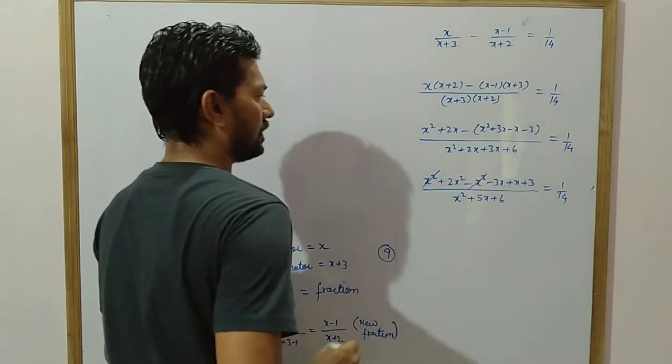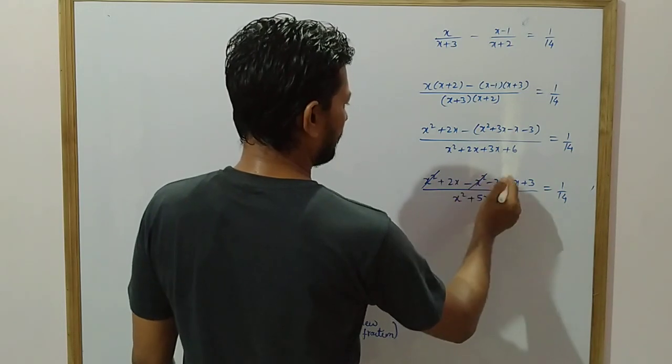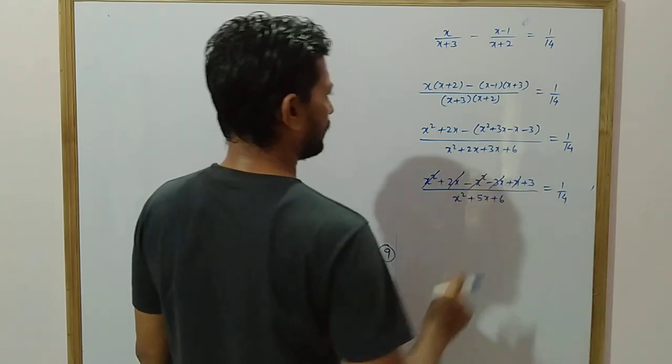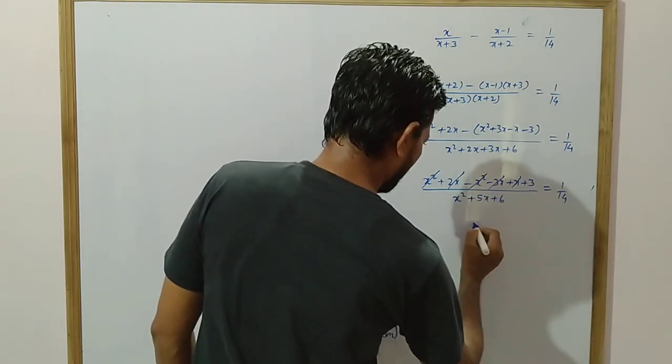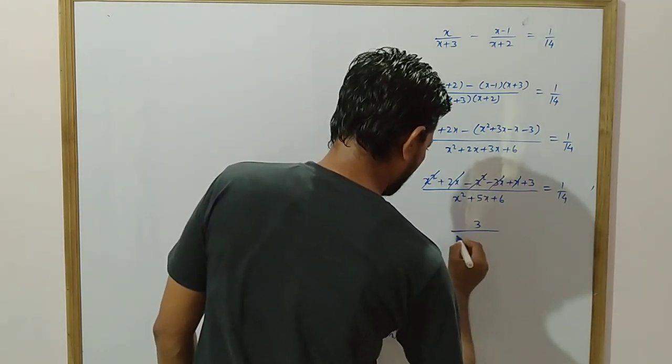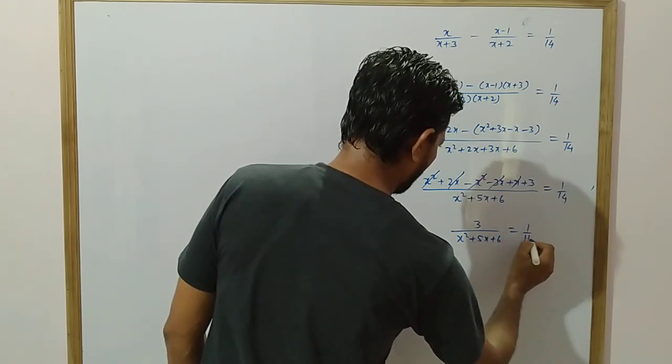This plus 2x will cancel out. So here 3x minus 3x will also cancel out. So you are left with 3. 3 by x square plus 5x plus 6 equal to 1 by 14.